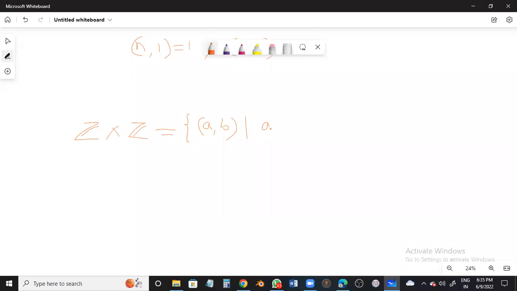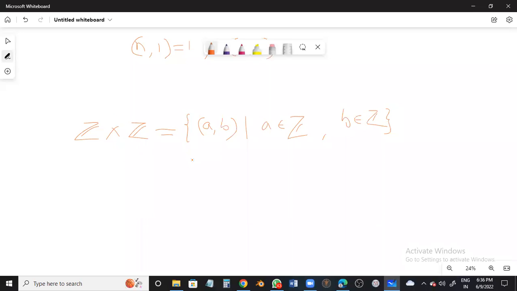From where to take A? A is taken from the first set Z, B is taken from the second set Z. So actually both places contain the same set. You might have said A comma B belong to Z, that will work. Okay, we are talking about ordered pairs.